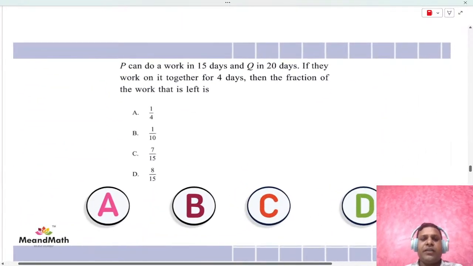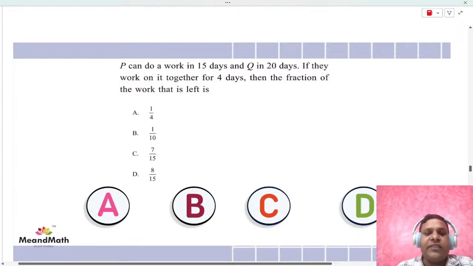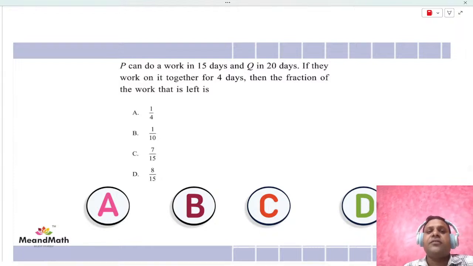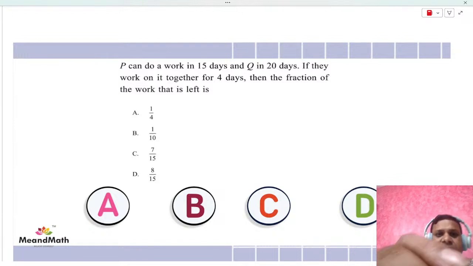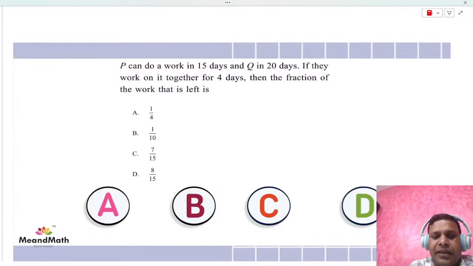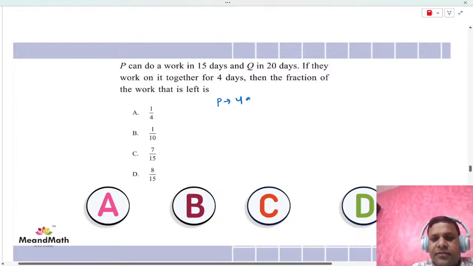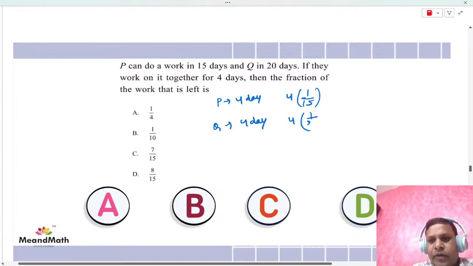P can do a work in 15 days, Q can do it in 20 days. If they work together for 4 days, then the fraction of the work that is left is? We have done this type of question before, so this question is very easy. P works 4 days, so 4 into 1 upon 15 is the work done by P, and Q again 4 days, so 4 into 1 upon 20.